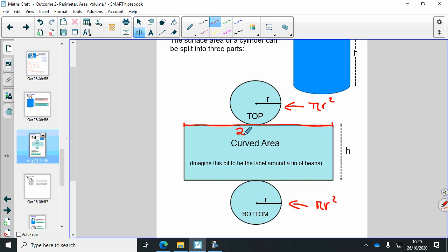Okay, so we can call that 2 pi r for that length there. So that means that the area of the curved bit, the label, is going to be 2 pi r and then times h, so 2 pi r h.